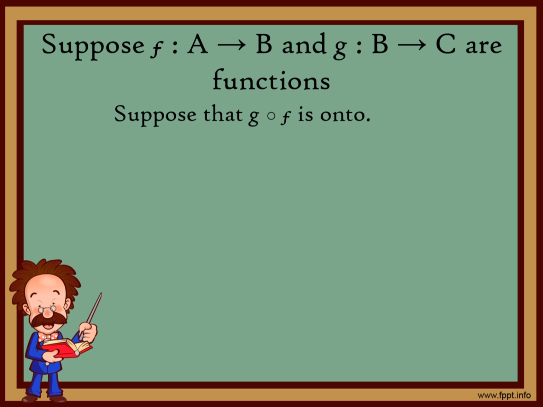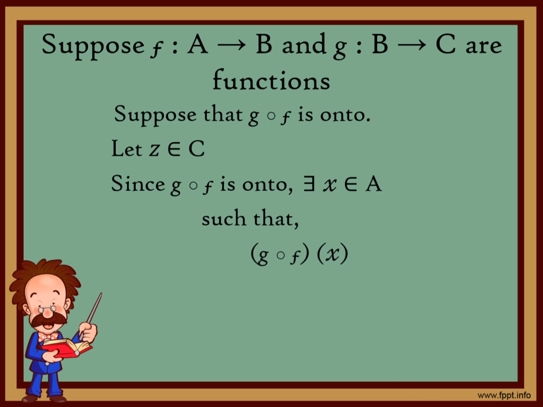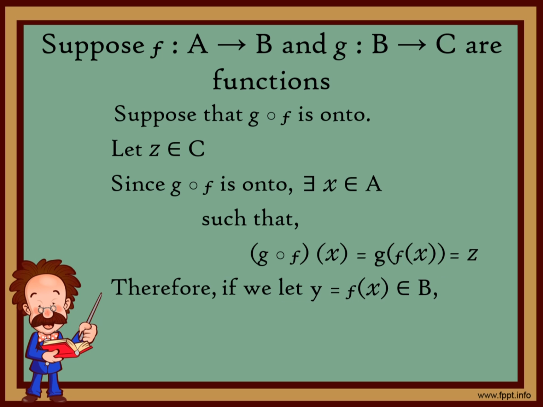Suppose that G circle F is onto, and let z be an element of capital C. Since G circle F is onto, there exists an x that is an element of capital A such that G circle F of x is equal to G of F of x equals z. Therefore, if we let y equal F of x, which is an element of capital B, then G of y is equal to z. Thus, G is onto.